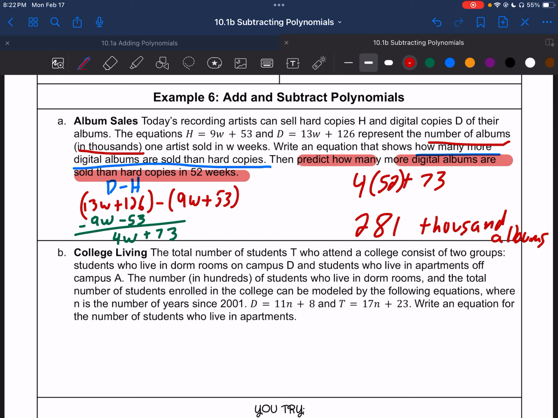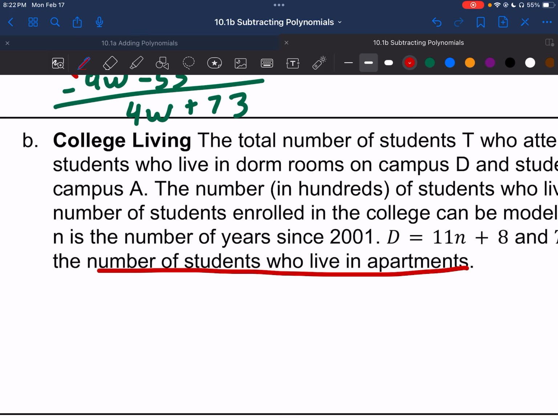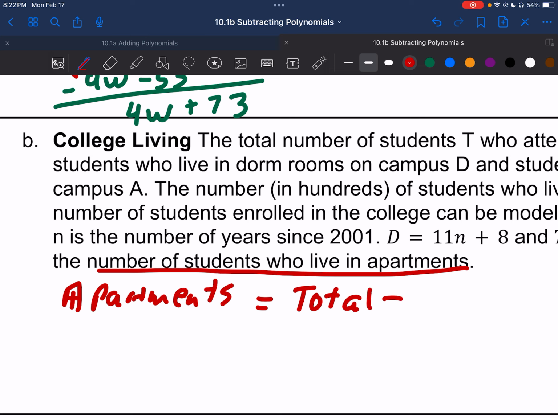Well, let's think about that. If they're living in the apartments, then apartments is going to be equal to the total minus the dorms.